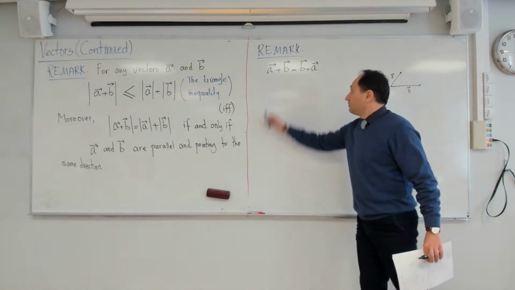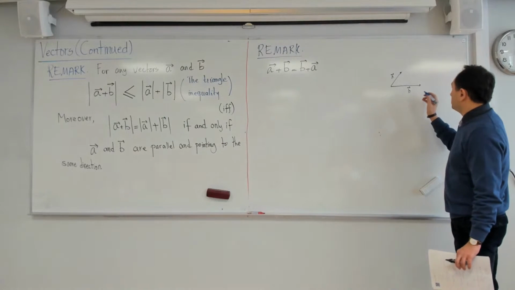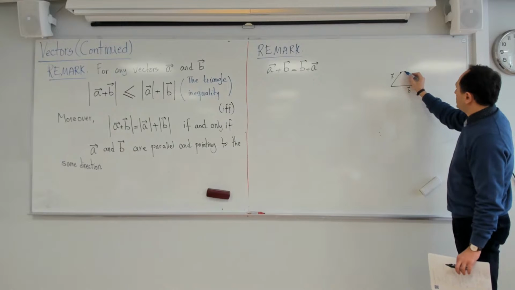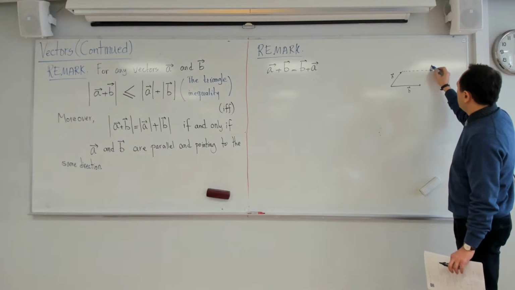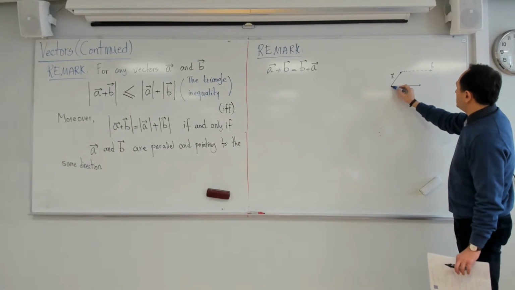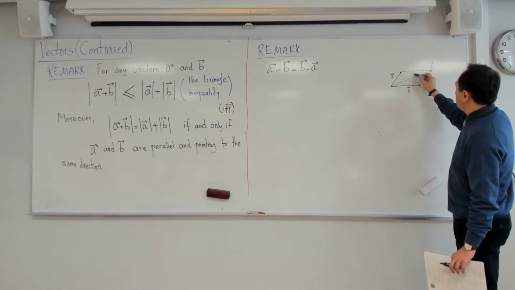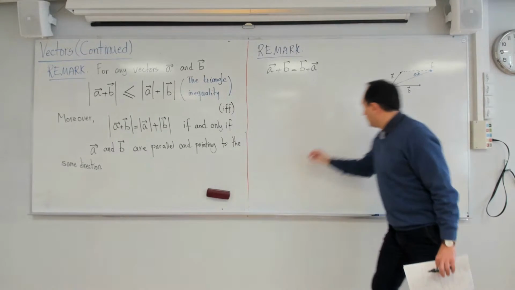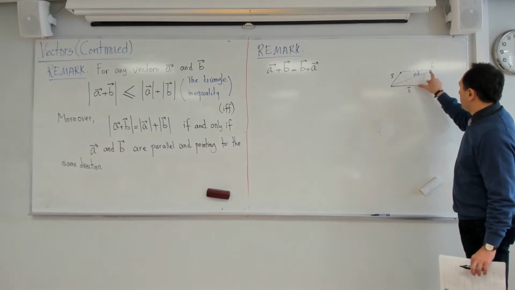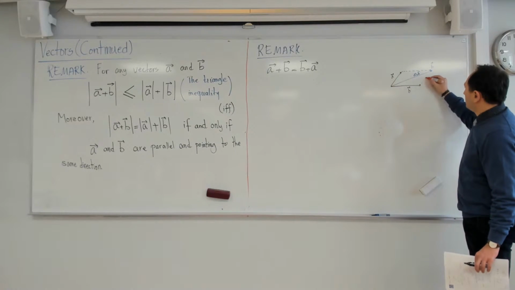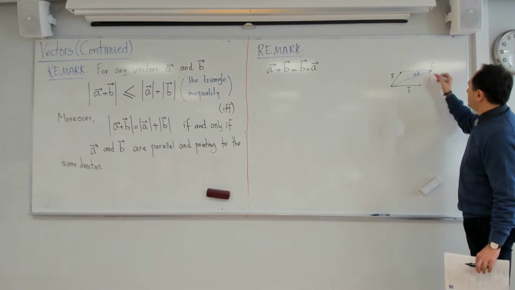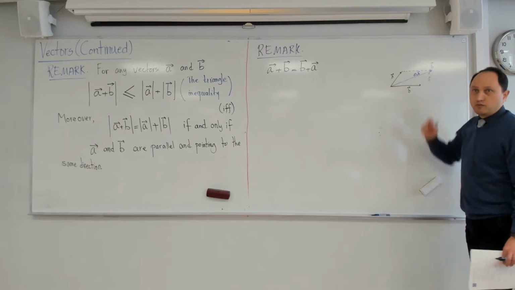I told you that if you want to add A to B or B to A, you parallel transport this from here, and then this would be B, and then this vector becomes A plus B. But you see, it doesn't matter if I parallel transport A from the end of this. If I connect these 2 points, put the tip of the arrow here, I will get the same vector.